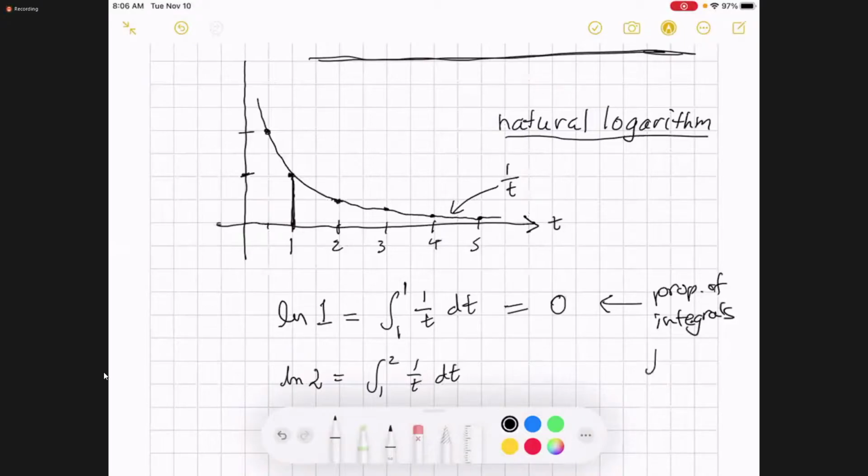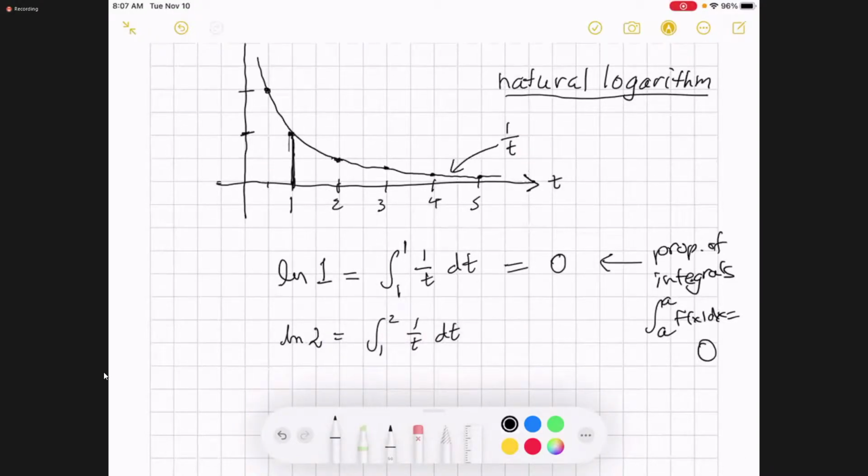We had this one that said the integral from a to a of f of x dx is 0. And also, since that 1 over t is non-negative, it would represent the area of that little vertical line segment. ln of 2, though, would represent the area of the region from 1 to 2 under the curve.